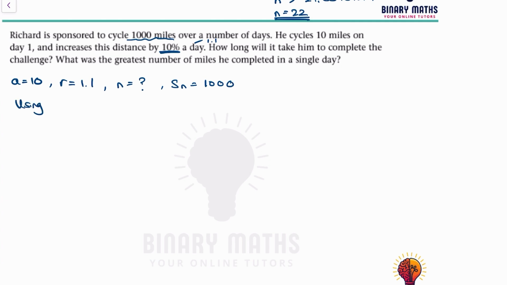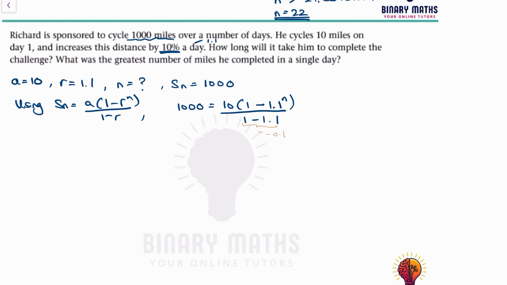So using Sn is equal to a times 1 minus r to the power of n over 1 minus r, you get 1,000 is equal to a, which is 10, times 1 minus 1.1 to the power of n, all over 1 minus 1.1. This just becomes equal to negative 0.1, and 10 divided by negative 0.1 is equal to minus 100.